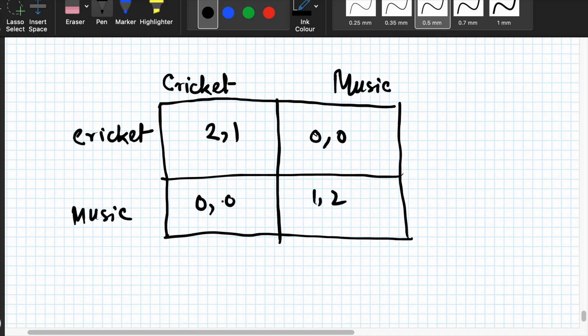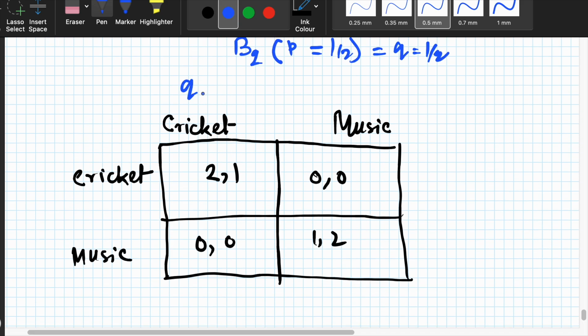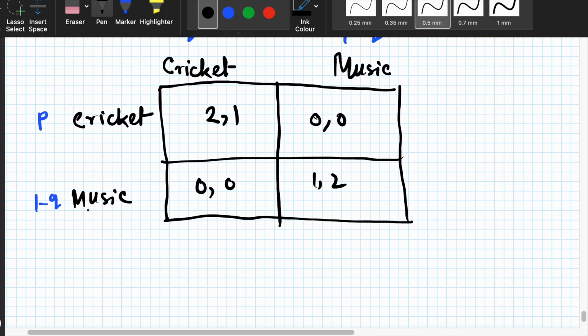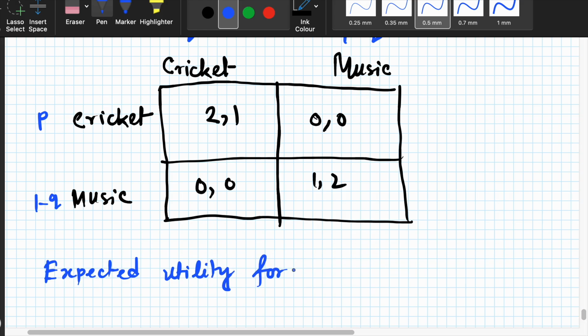Now let us see it in a similar way. This is q, this is 1 minus q, this is p, this is 1 minus p. What is the expected utility for cricket from player 1's perspective?